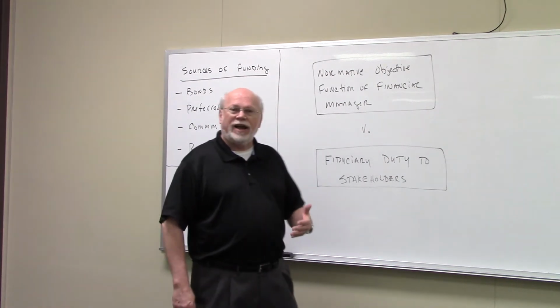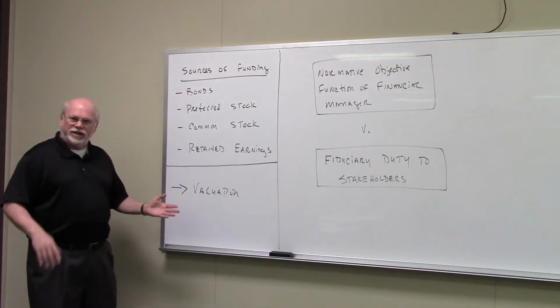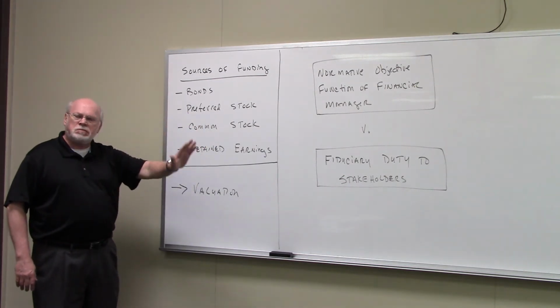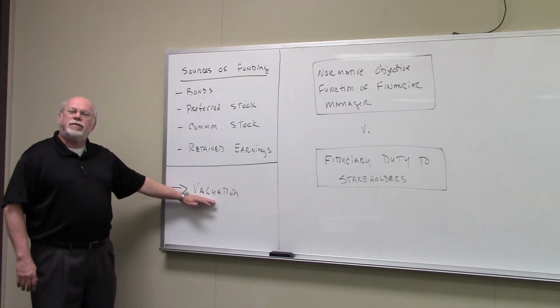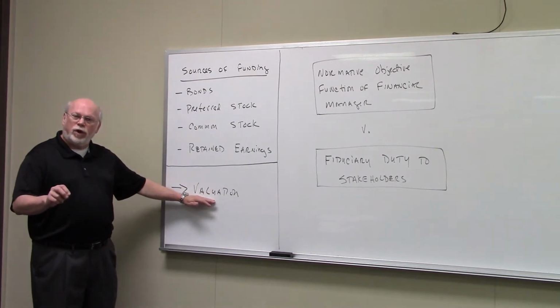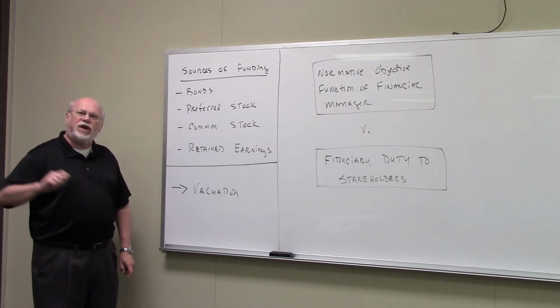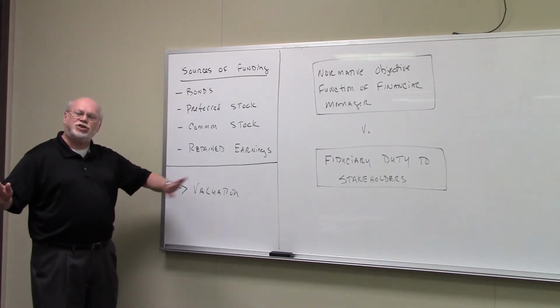Okay? Now, to find intrinsic value, it's the same approach on all assets: bonds, stocks, businesses. The basic premise of valuation is that the value of an asset today is the present value of all future cash flows. The past is irrelevant.